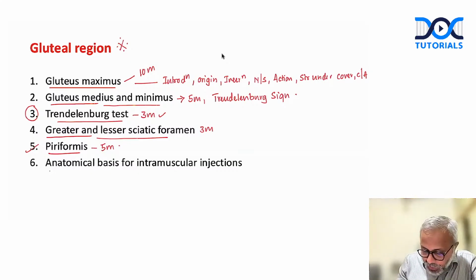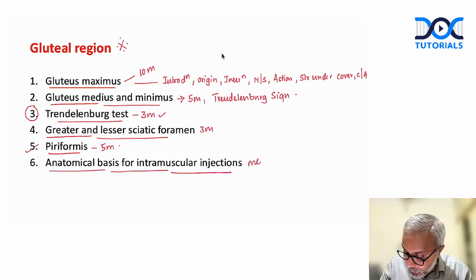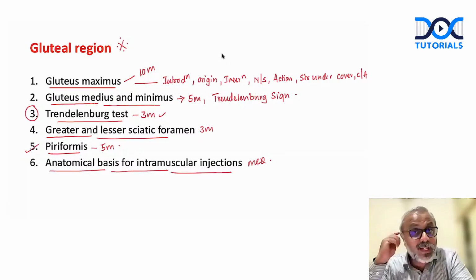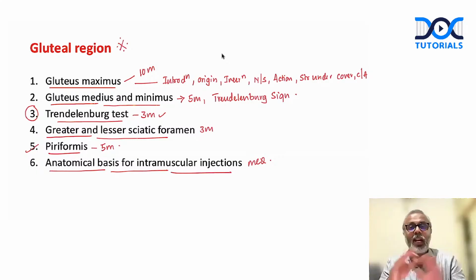Then, what is the anatomical basis for intramuscular injections? This is very often asked as an MCQ. When intramuscular injections are given, to which muscle are they actually given? Most of us would make the mistake of saying gluteus maximus because this is the largest muscle.